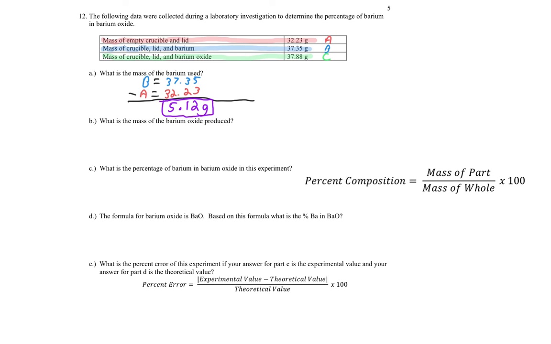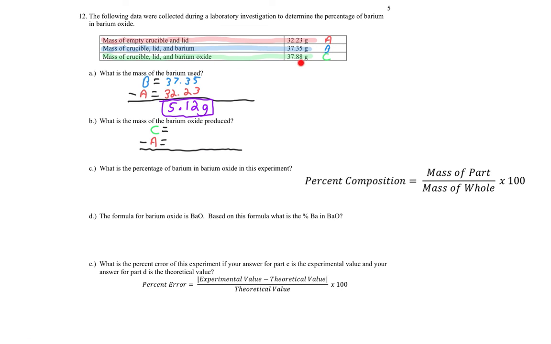The second question is the mass of the barium oxide. Well, it's a very similar question to answer. I got a crucible, a lid, and barium oxide as mass C. I have the crucible and lid as mass A, so I'm just going to take the crucible and lid away from the barium oxide.